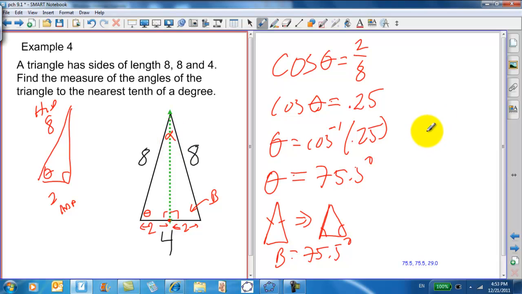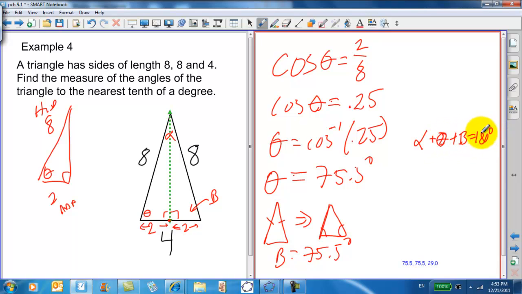Alpha plus theta plus beta should equal 180 degrees. Or we could also use the right triangle thing and double it. Many approaches here. So alpha will equal 180 minus those other two angles, which are both 75.5. So alpha equals 180 minus 151 degrees, or alpha equals 29.0 degrees.